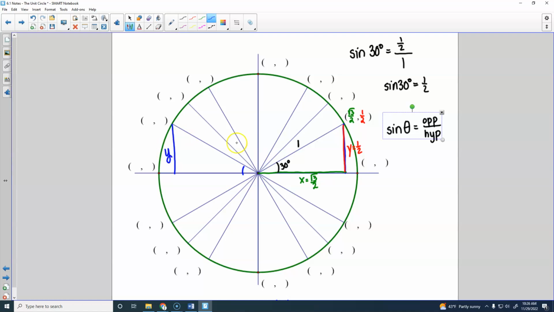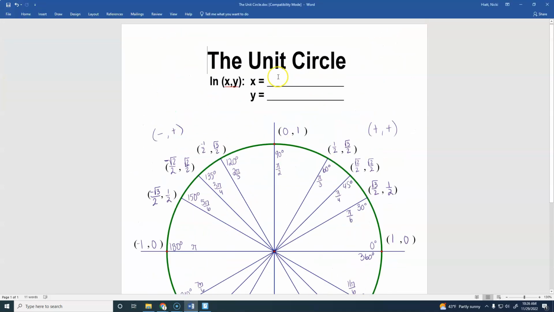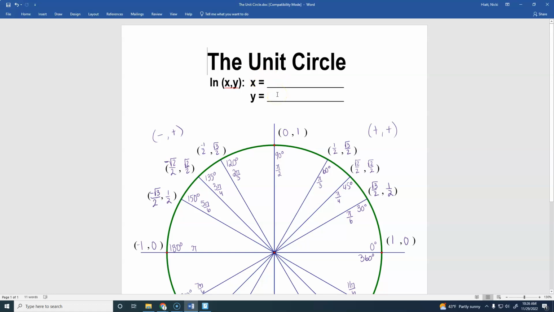And your hypotenuse is always 1. So sine of theta equals your y coordinate over 1, which means sine of theta is just your y coordinate. So at the top of your unit circle, it has an x equals and a y equals. Your y coordinate is sine of theta, theta just being your angle there.